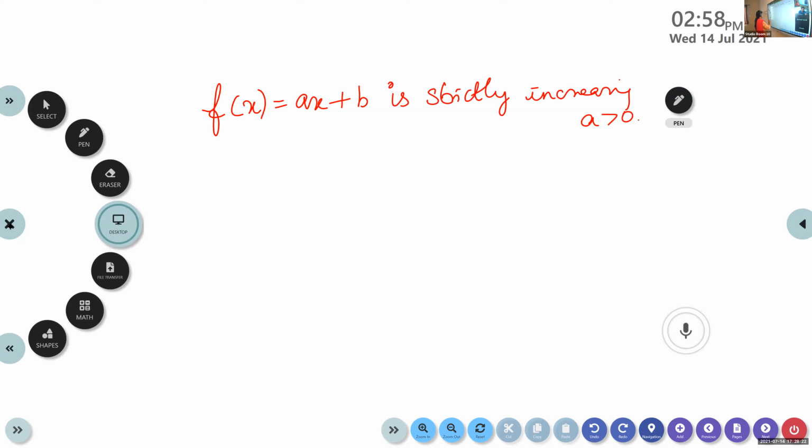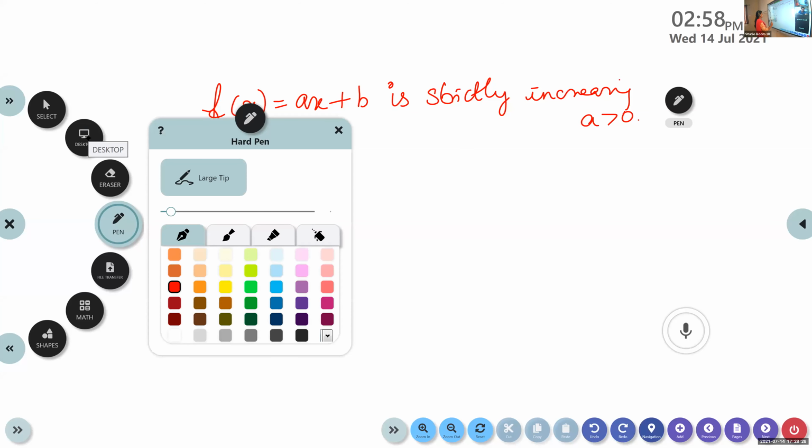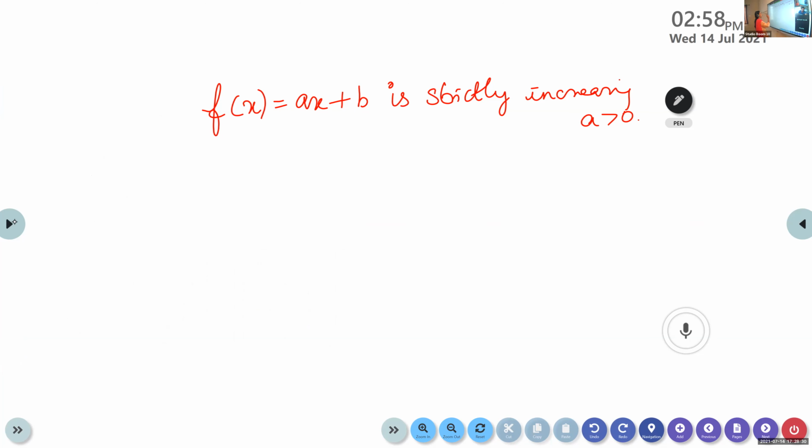Okay, so we are given a function, isn't it? We want to check whether it is increasing or not. How to check that? For checking, you find out f dash of x. F of x is given. Find out f dash of x. So f dash of x is a. We don't know about a.